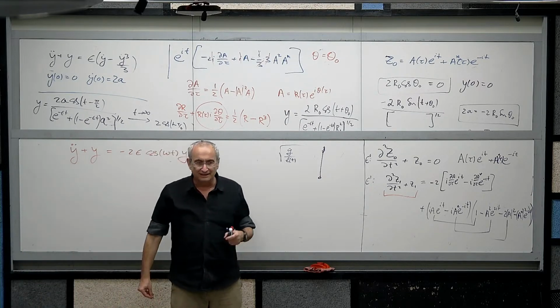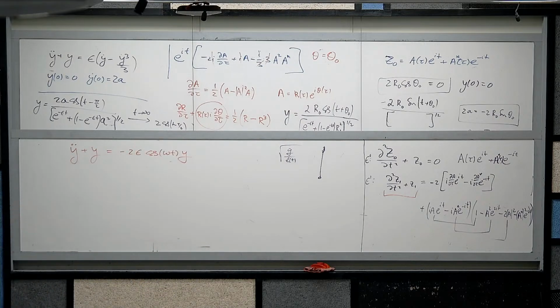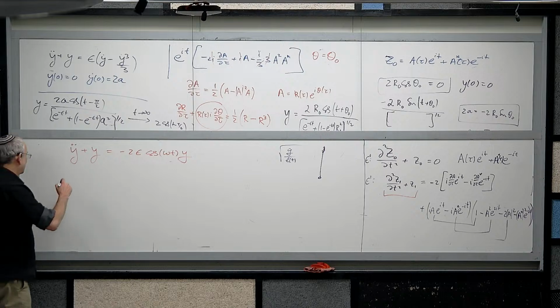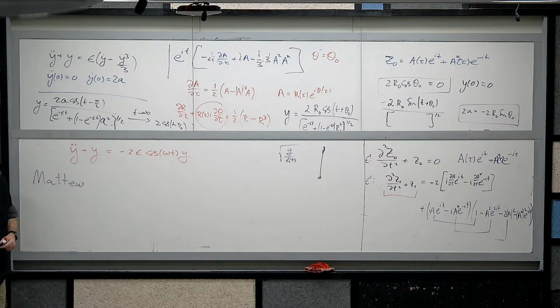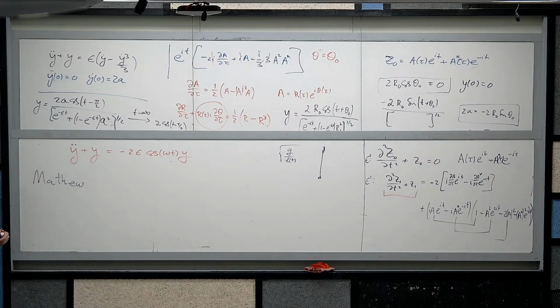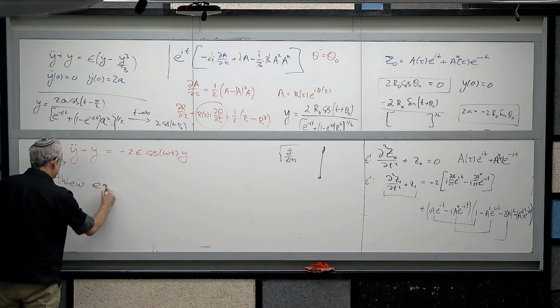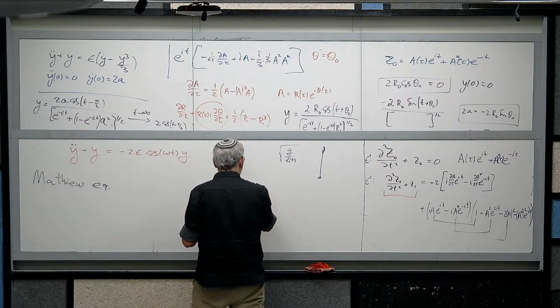And the trick is, okay, so suppose this is the equation. This equation is very important. It has a name. It's called the Mathieu equation. And it's also the Schrödinger equation, if I write it like that.